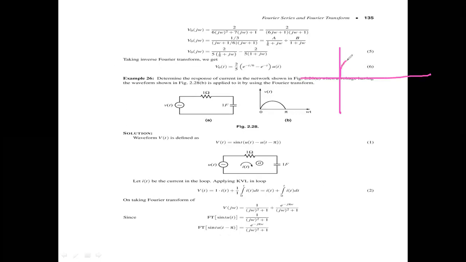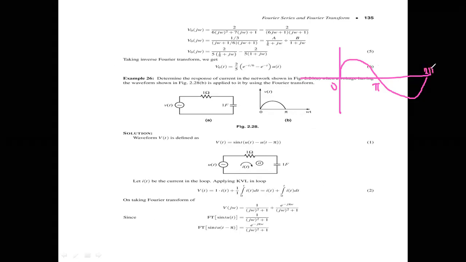So actually it is a sine wave, up to this is a sine wave, from 0 to pi, and this is 2 pi. But the full wave is not given. 0 to pi only we got. So for that the function is sine t.